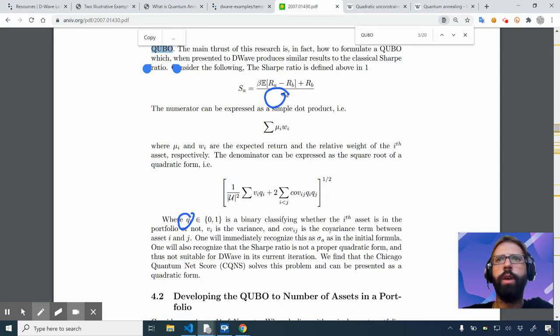Sigma_ij is the covariance term between the assets i and j. One will immediately recognize this as the initial formula. One will recognize that the Sharpe ratio is not a proper quadratic form and is not suitable for D-Wave in its current iteration. We find that the Chicago Quantum Net Score solves this problem and can be presented as a quadratic form. Okay, so this CQNS is a version that can be represented in QUBO form, but we need to figure it out.